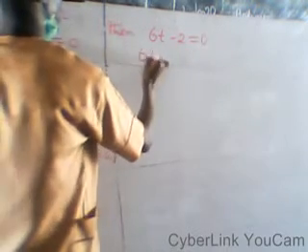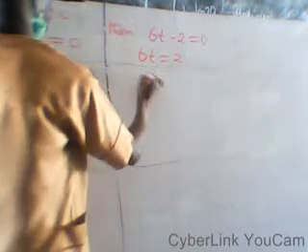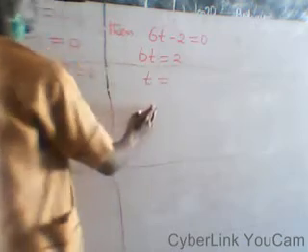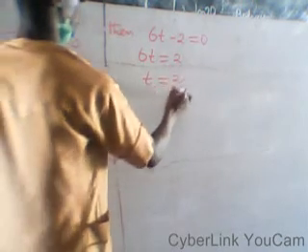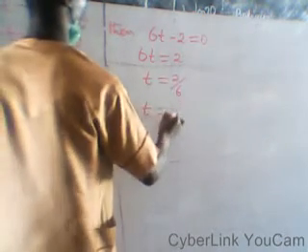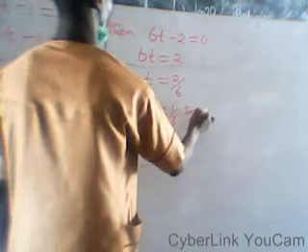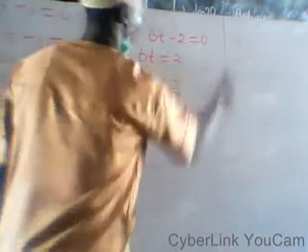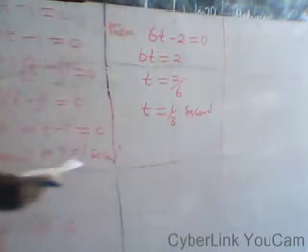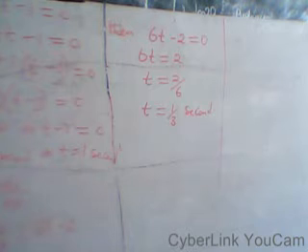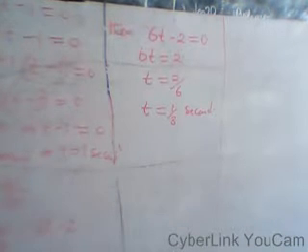That means 60 is equal to 2, and that means t is equal to, we divide both sides by 6, 2 all over 6. So t is equal to 1 all over 3 seconds. So this is the time at which the acceleration will also be zero. So that is that for example 1.